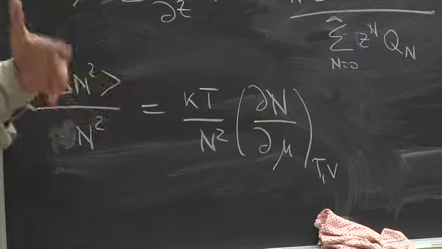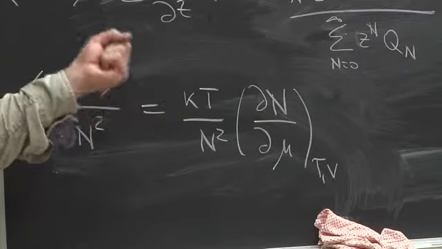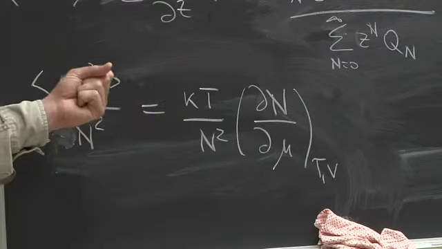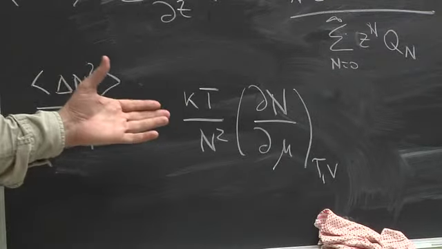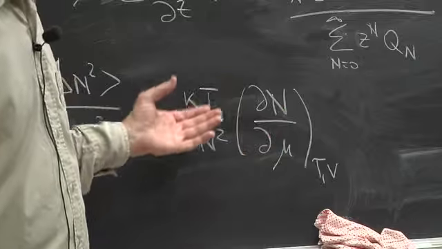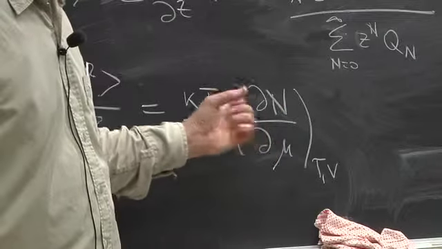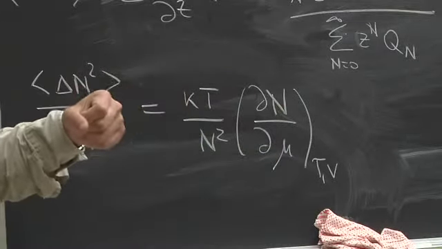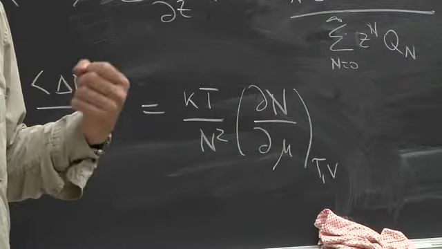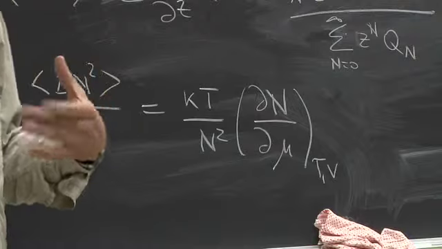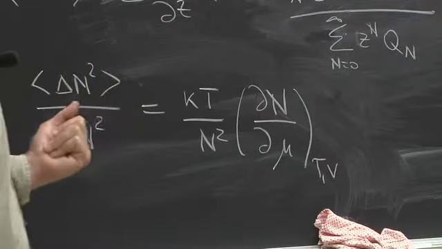So this is why the description which you get in the grand canonical ensemble will be equivalent to the description which we have in the canonical ensemble, where the number of particles is fixed. Okay.